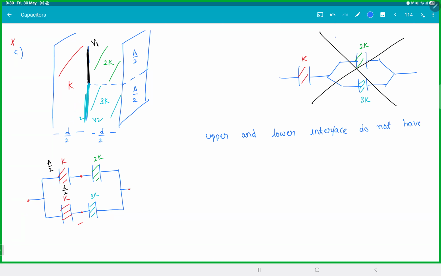They're not symmetrical, right? The upper half and lower half don't look identical. So this one will be Kc, this one will be 2Kc, this one will be 3Kc, and this one Kc, where C is nothing but area became half, distance also became half, so epsilon by d. Solve that, you will get the answer. Yeah, people are getting 17 by 12 Kc, so it could be right. Check it out. All got this?